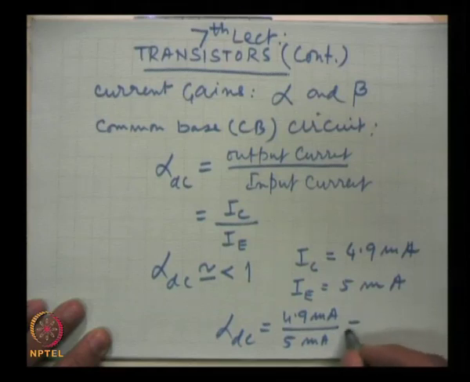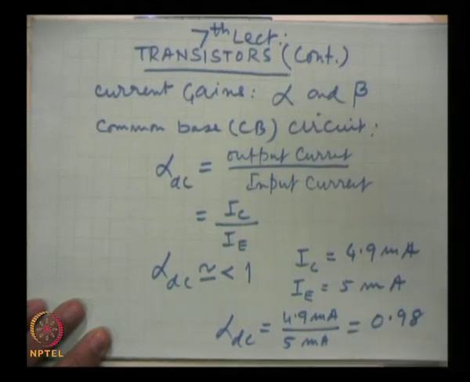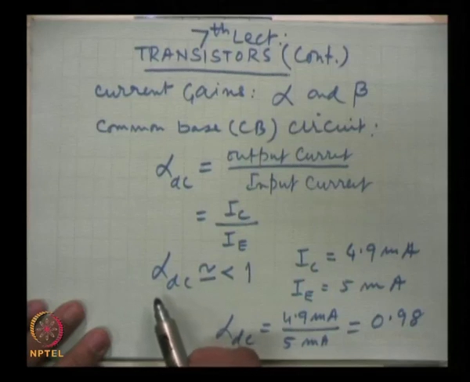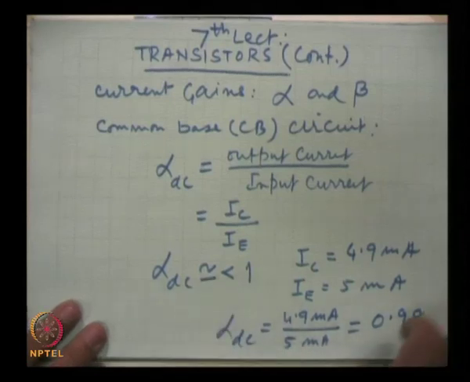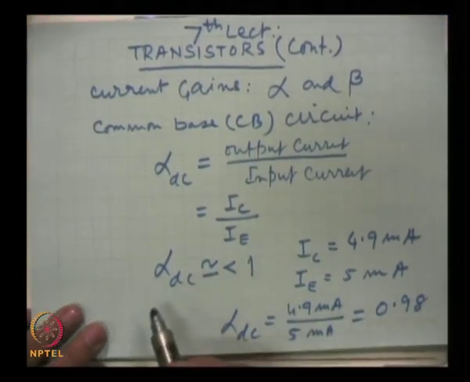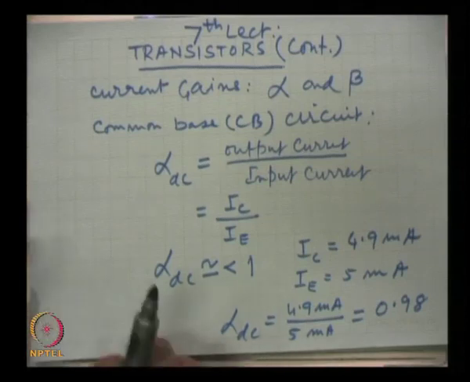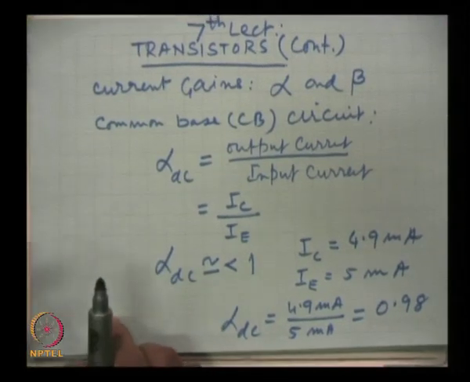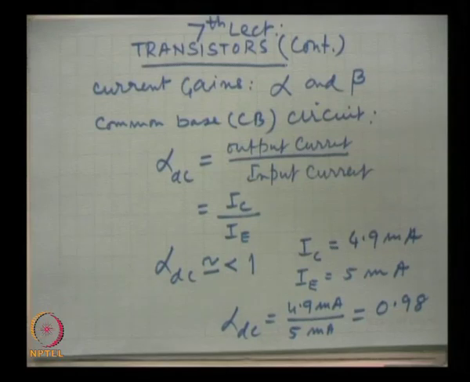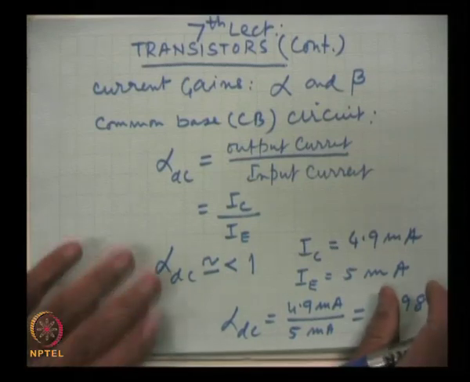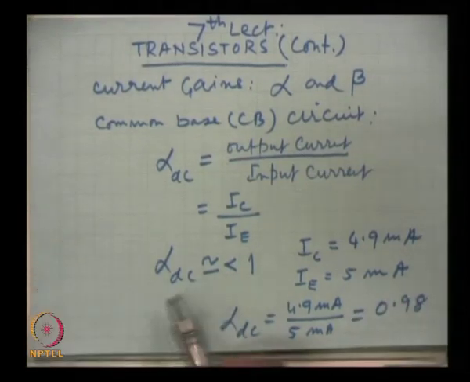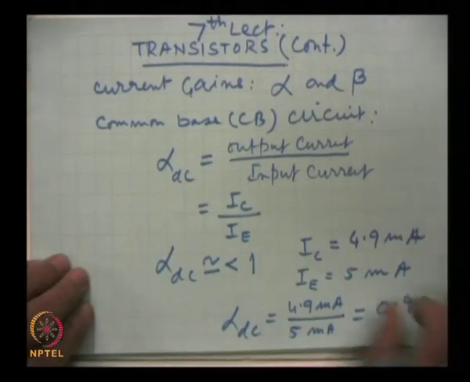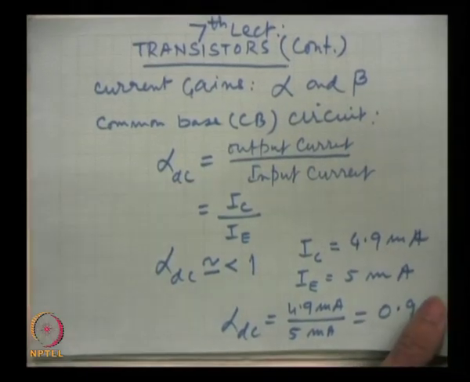So, this is equal to 0.98, close to 1, but less than 1. And common base circuit is an important case when we talk of the working of transistor and in many other situations. So, alpha DC is a fundamental quantity that we will remember, but it is less than 1.